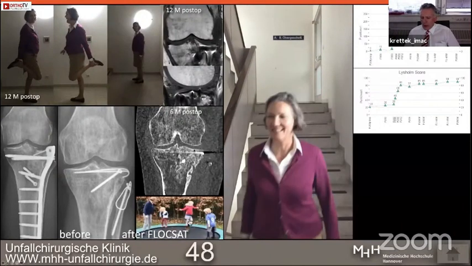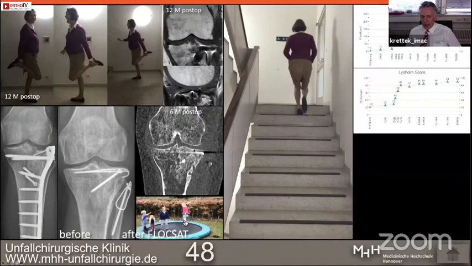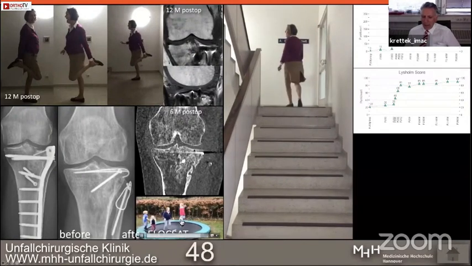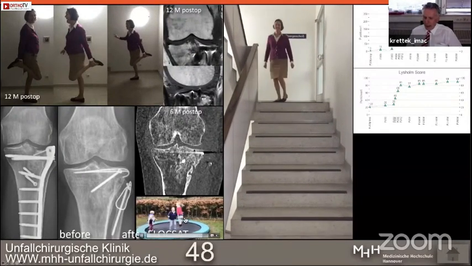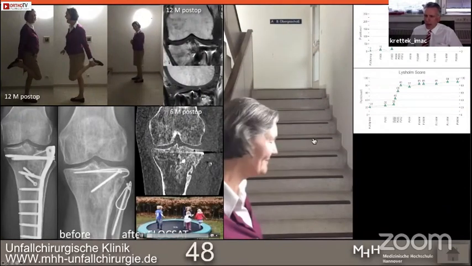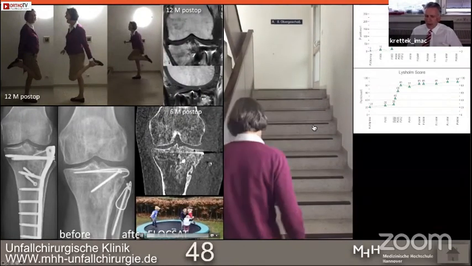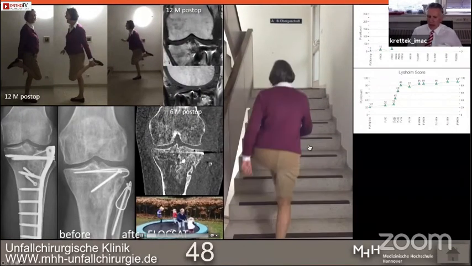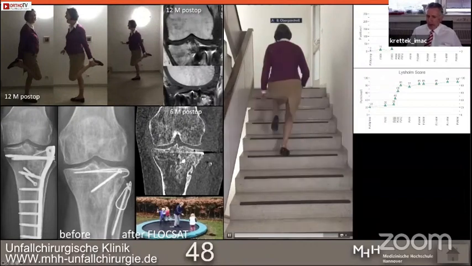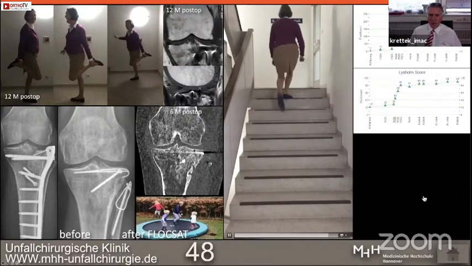And really the worst case for a knee is being on a trampoline, especially if you are on a trampoline with other persons. You need a lot of coordination and you need a lot of trust in your knee performance.